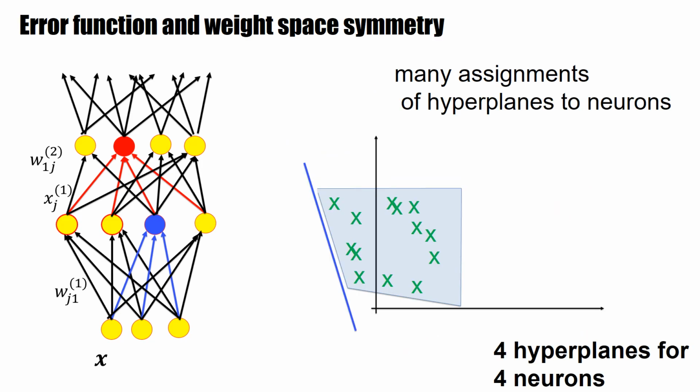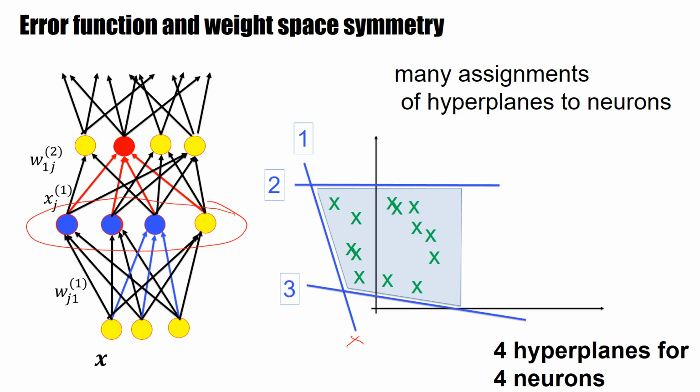So let me try to explain this. Here I have a network which has 4 hidden neurons, and this one neuron implements this hyperplane here. The second neuron implements a second hyperplane. The third neuron implements a third hyperplane, and the fourth neuron implements the fourth hyperplane. Now, we could say the first hyperplane is implemented by neuron number 1, and the second by neuron number 2, and the third by neuron number 3, and the fourth by neuron number 4.